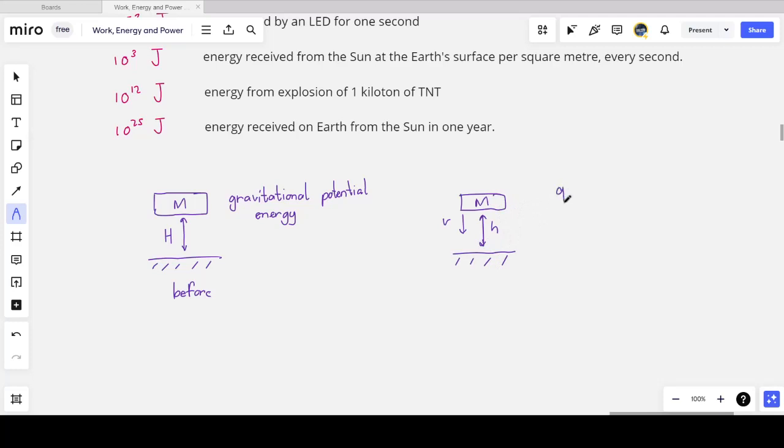So now it has two types of energy. It has gravitational potential energy. I can simply say GPE. That's good enough. But it's also moving. So again, we'll discuss this a little later on, but there's another type of energy that it has because of its motion, which we call kinetic energy.